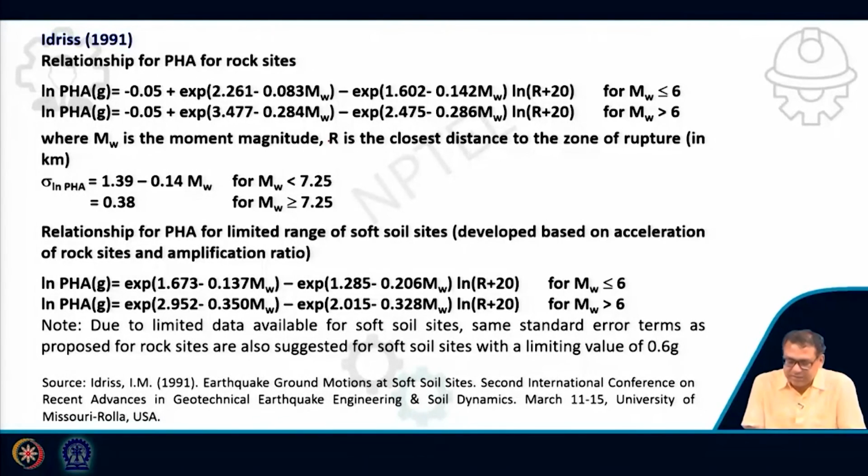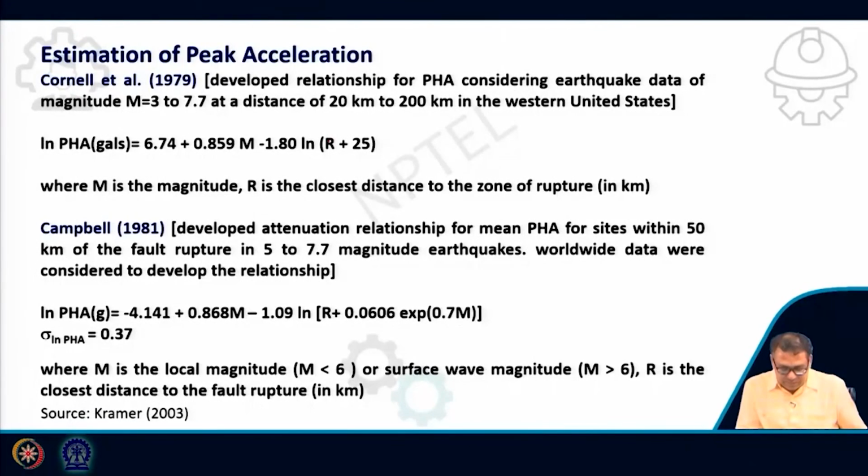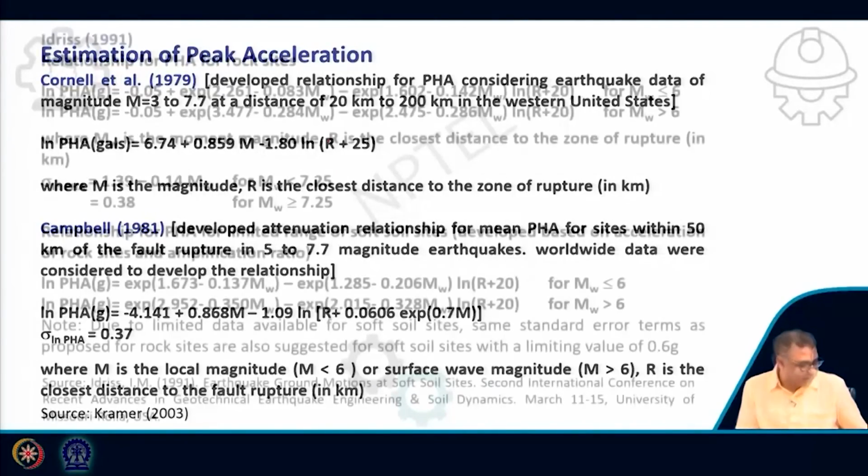I am not reading these expressions, because you can see them. I will only discuss the important things. Here M is the MW, the moment magnitude. In the previous case, less than 6 was local magnitude and greater than 6 was surface wave magnitude, and in the first case only magnitude was given, so we will consider it also moment magnitude.